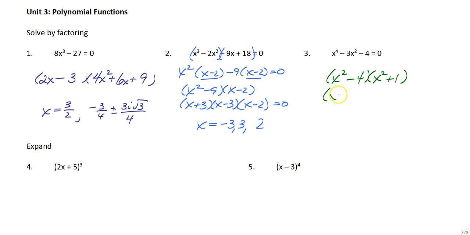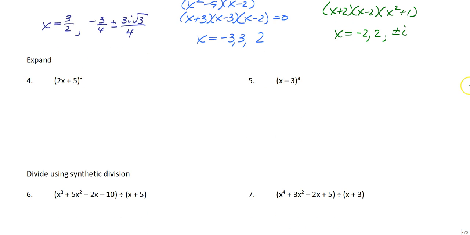Difference of two squares right here, so we have an x plus 2, an x minus 2, and then our x squared plus 1. Set each term equal to 0, we should get x is equal to a negative 2, a positive 2, and plus or minus i. Again, we already talked about solving with square roots in the last video. That's how you do it.